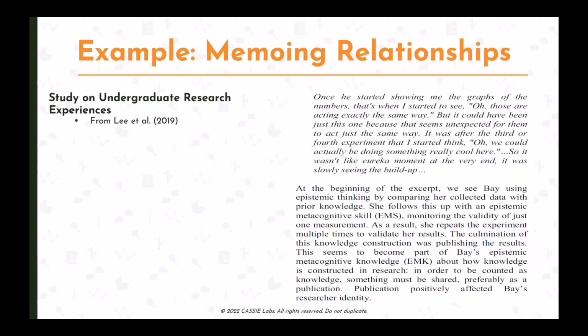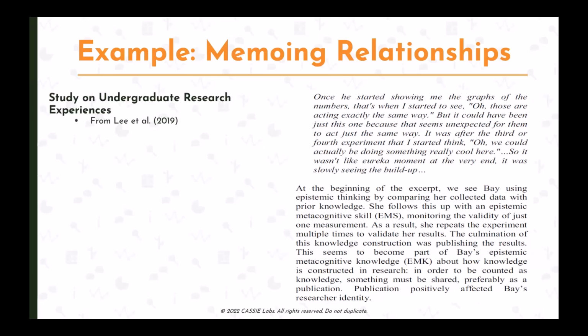And what the memo writer notes is that at the beginning, we see Bay using epistemic thinking. That's one of the concepts that they've identified in the study. And then she follows up this epistemic way of thinking with what they call an epistemic metacognitive skill. She's monitoring the validity of her own work.